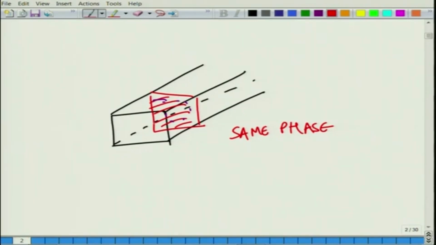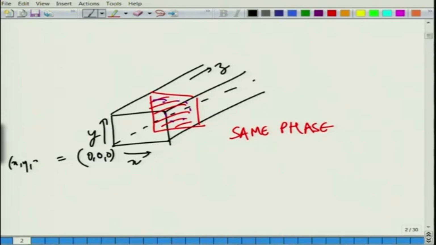Now, by the way, this is say the z direction, this is say x, this is the y direction. We are considering the origin to be somewhere here, 0 0 0, which is your x, y and z. So, this is a rectangular duct. As I was saying, the only dependence is along the z direction.